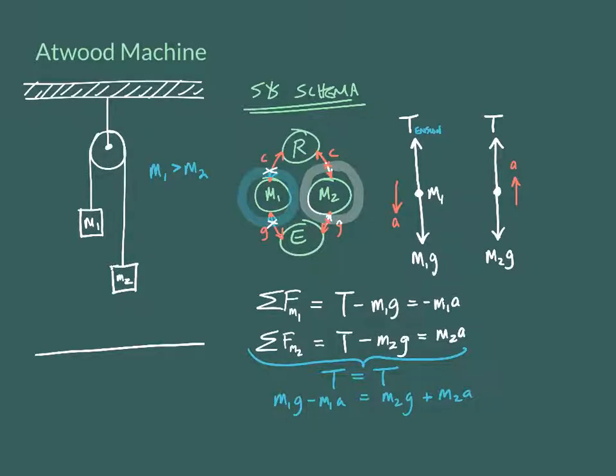So what I can do is get all the terms with G on one side and all the terms with A on another, and come up with something here. So let's get A over on the left-hand side here. Or we can leave G over here, I guess, for sign. So M1G minus M2G will equal M1A plus M2A.